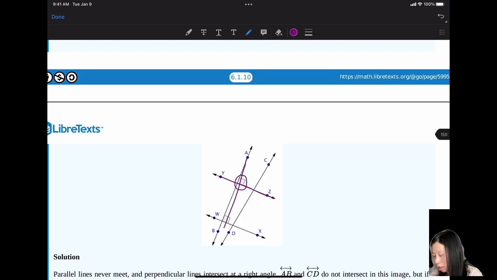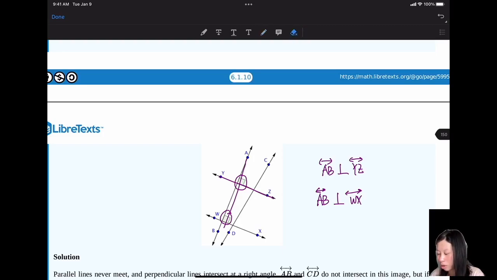So we have line AB perpendicular to line YZ, and you need to use this notation. Then the second one is here, right? We see another right angle lower than that, so we know that line AB is also perpendicular to line WX.